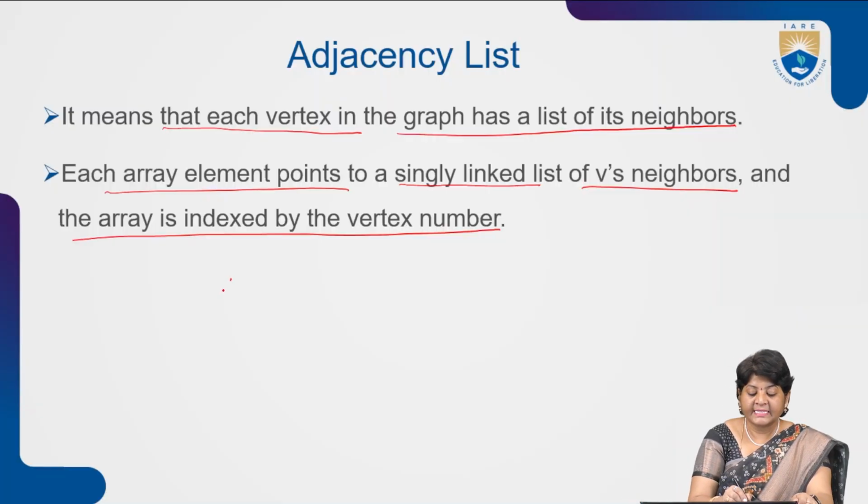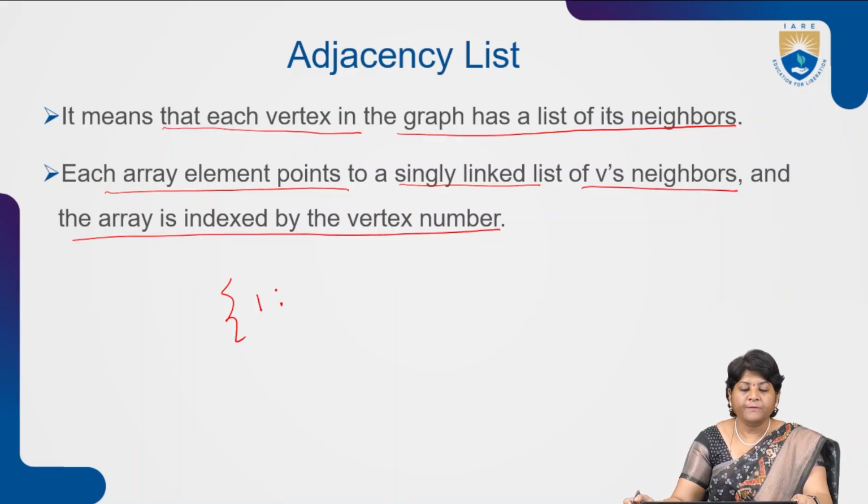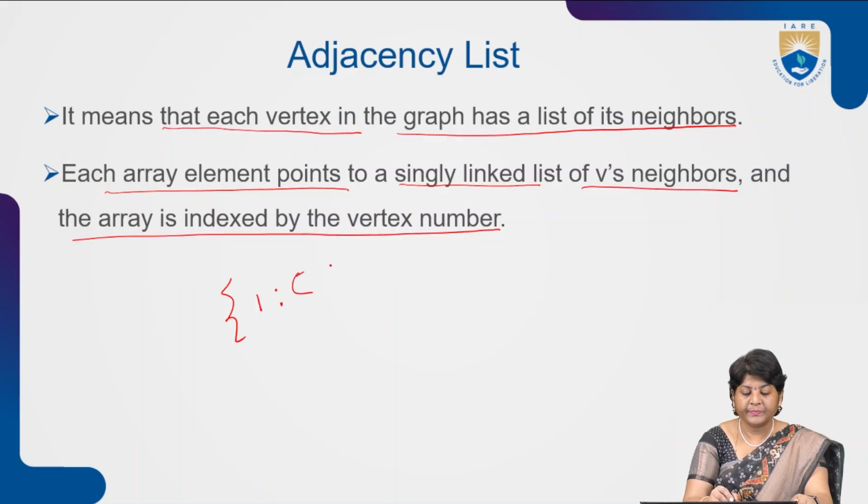So we can say this is stored in the form of a dictionary also. When we are giving this adjacency list to any algorithm which is used to find the shortest path, then the format will be a dictionary. So here the vertex 1 will act as a key and the corresponding vertices that are neighbors to vertex 1 will be listed like this, or in the form of a list also.